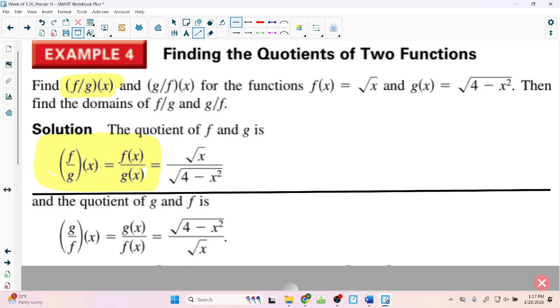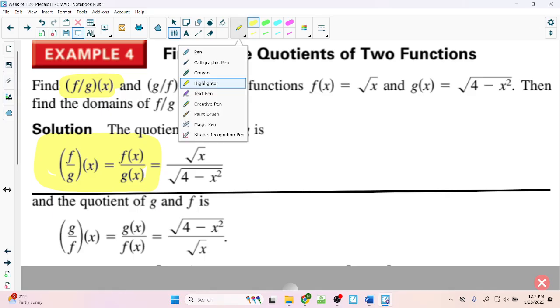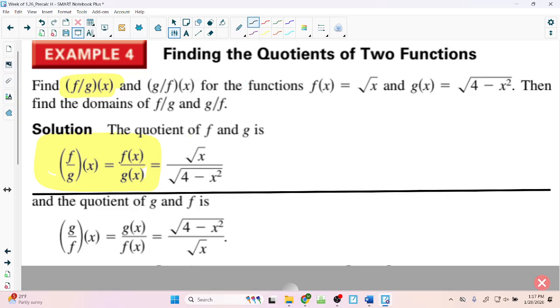Let's talk about the domain of each of them, starting with f of x, which is this. What's the domain of f of x? Just to get the idea, what are numbers that are okay and what are numbers that are not okay? Some good numbers to put into f of x? Anybody? Yes?